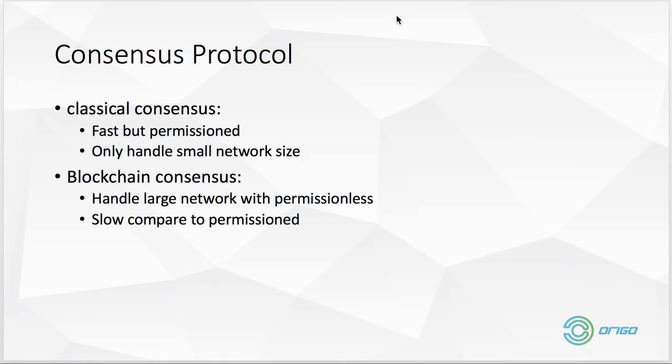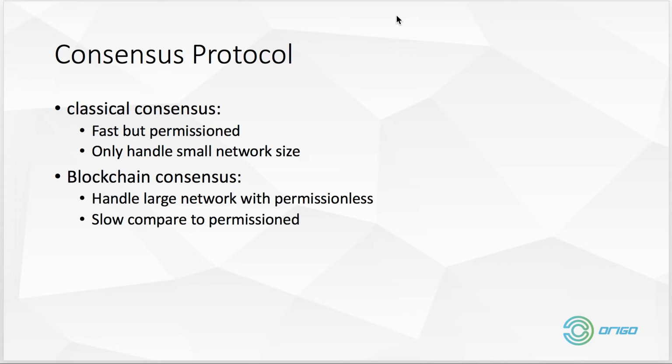If it goes to a really big network, the network overlay latency will cost a lot for the classical consensus. It suits hundreds, several hundred nodes well. But if it goes to thousands or 10,000, it will be pretty slow even for classical consensus.